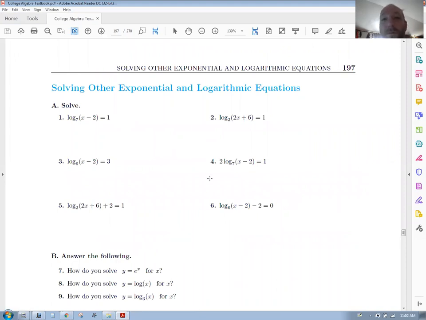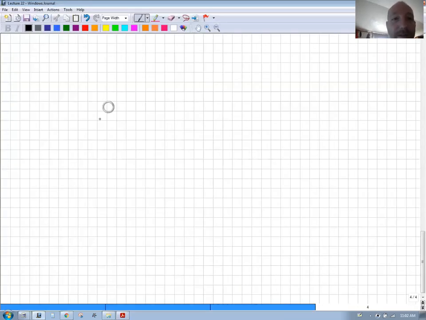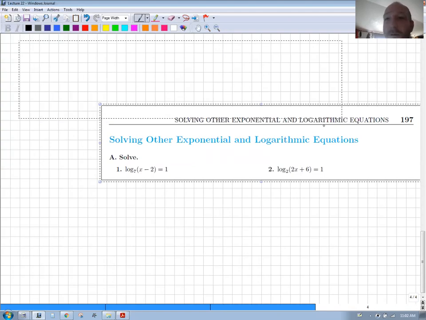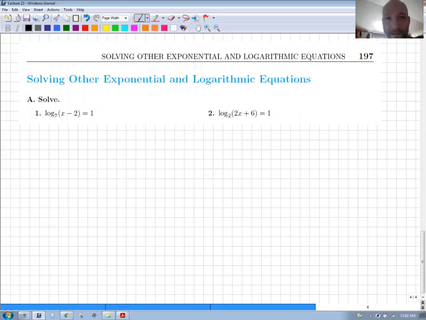All right, so moving on. Okay, so on page 197, we want to be able to solve equations with different kinds of logs. So remember our inverses, logarithms and exponentials are inverses.